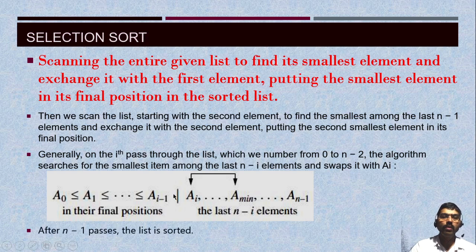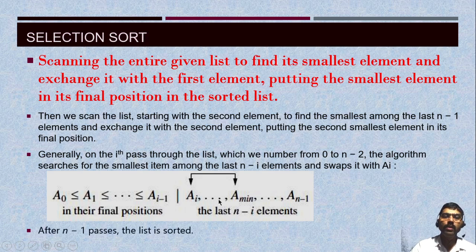These are already in order, the sorted elements. Now I have to sort the elements from the ith element to the n minus 1 element.